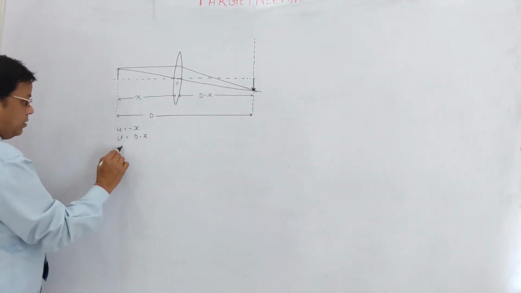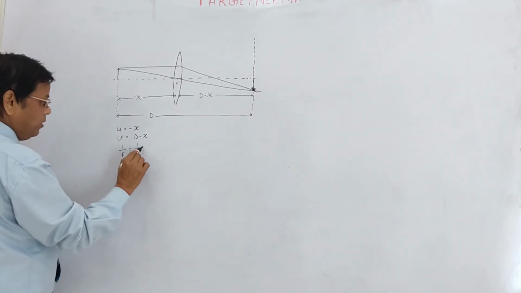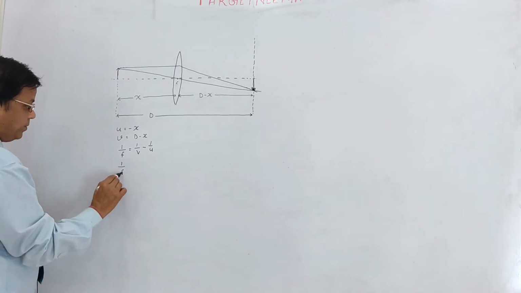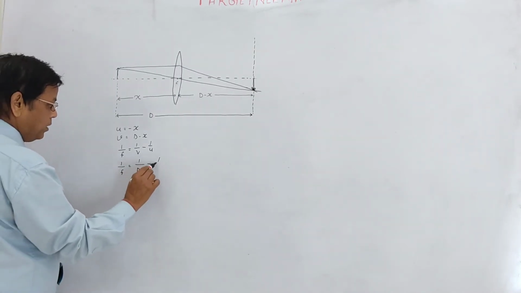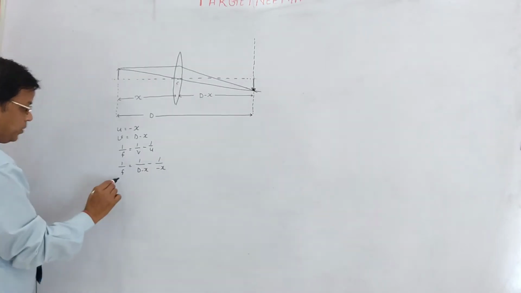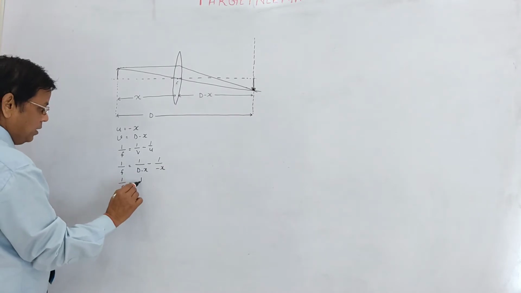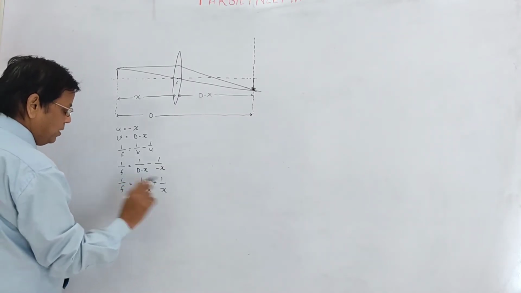So if I use the lens formula, it is 1 upon f equal to 1 upon v minus 1 upon u. So 1 upon f is equal to 1 upon d minus x minus 1 upon minus x. 1 upon f is equal to 1 upon d minus x plus 1 upon x.